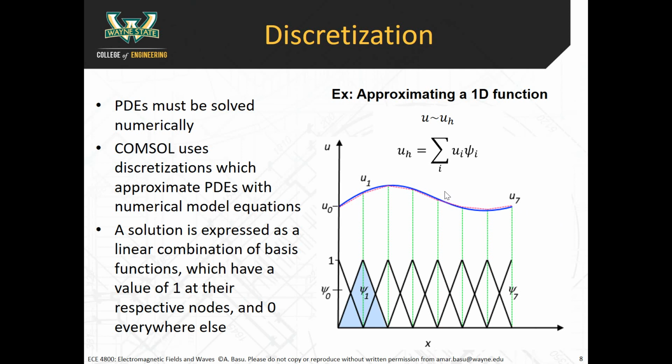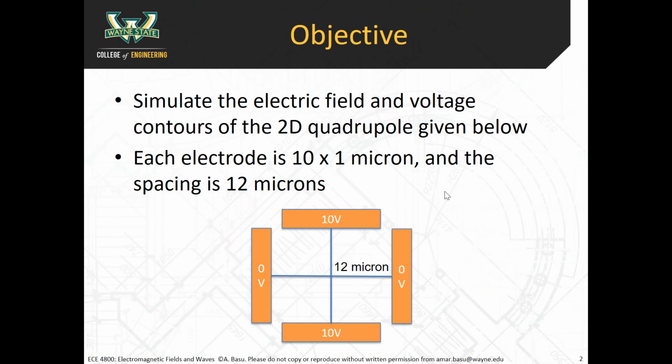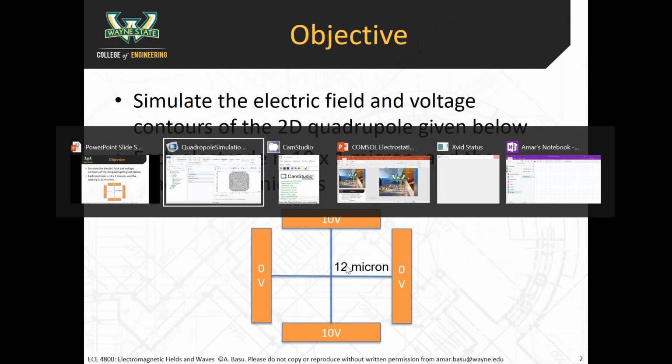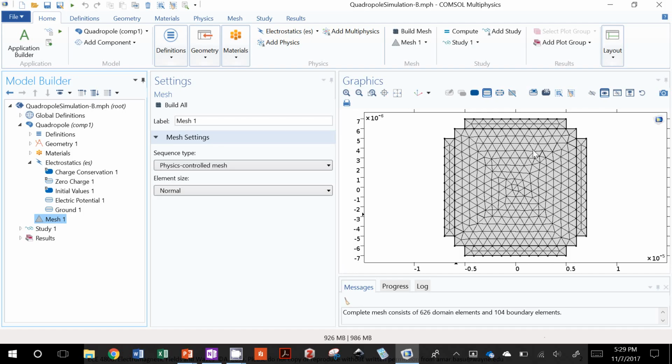In the case of the simulation, the line is the actual scalar potential that we want to figure out at each point in space. What we're trying to do is find the scalar potential everywhere in this xy plane here. So we're going to break up this region into a bunch of small elements.